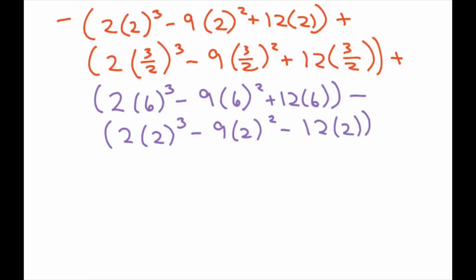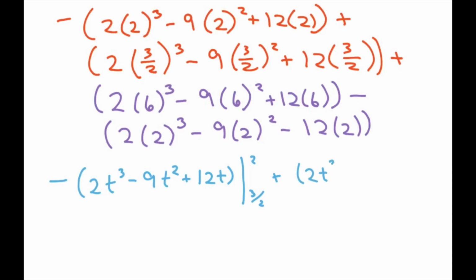All right? So basically, this is our problem: 2t cubed minus 9t squared plus 12t, evaluated from 3 halves to 2 for this first part, and then we added this one, 2t cubed minus 9t squared plus 12t, evaluated from 2 to 6.